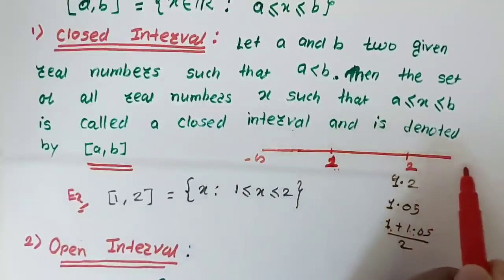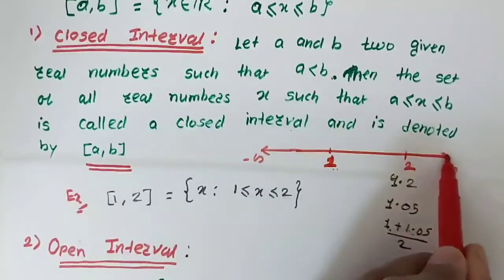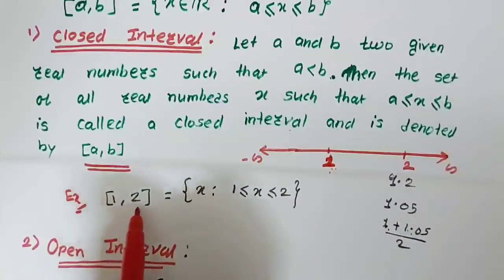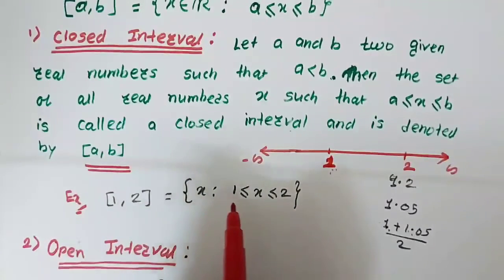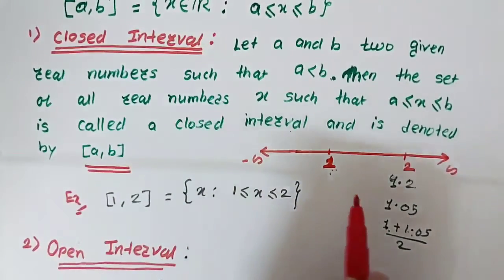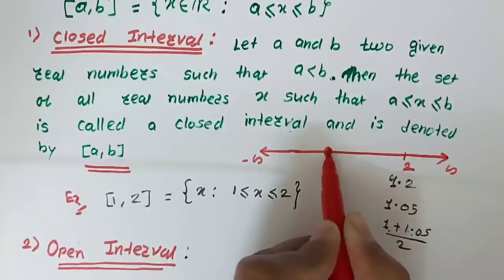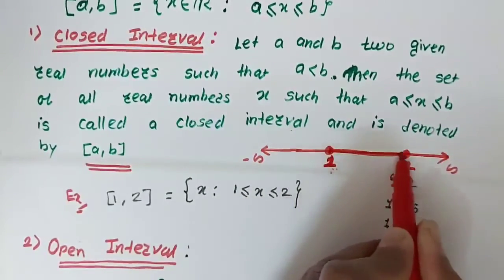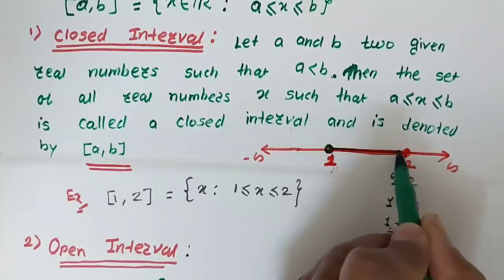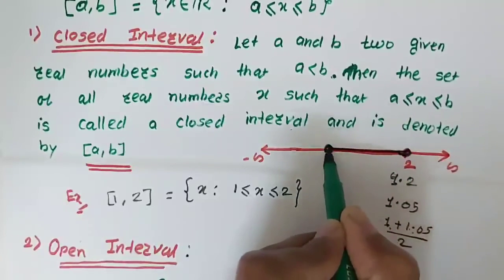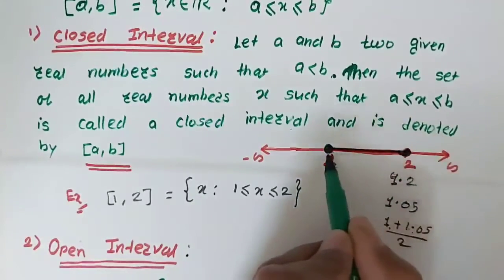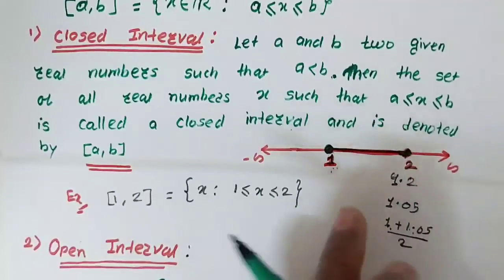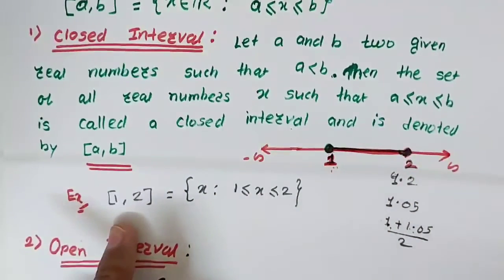Suppose this is our real line, and on the real line we are plotting 2 points, 1 and 2. Now the closed interval 1 comma 2 contains all the real numbers from 1 to 2 including 1 and 2. So to show a closed interval, here we draw a circle and make it completely shaded, which means it is including 1 and 2, and this is our line. This is the shaded portion up to this one, that means from 1 to 2, and the dark shading means we have included both these points 1 and 2. So it is denoting the closed interval 1 comma 2.